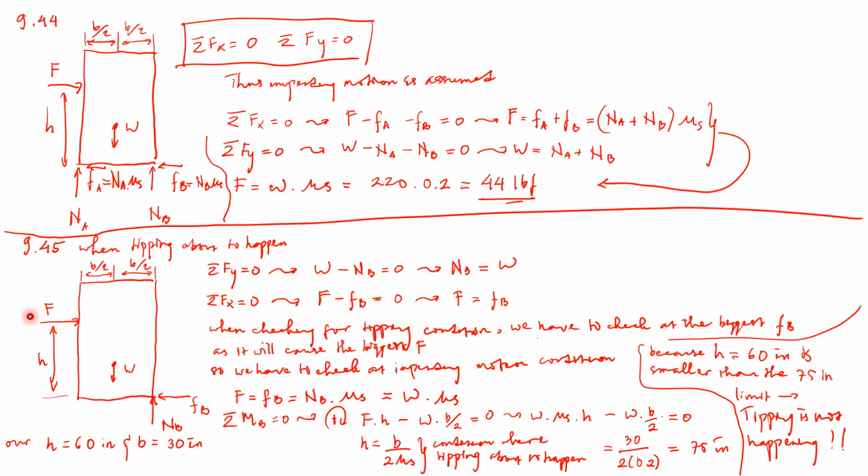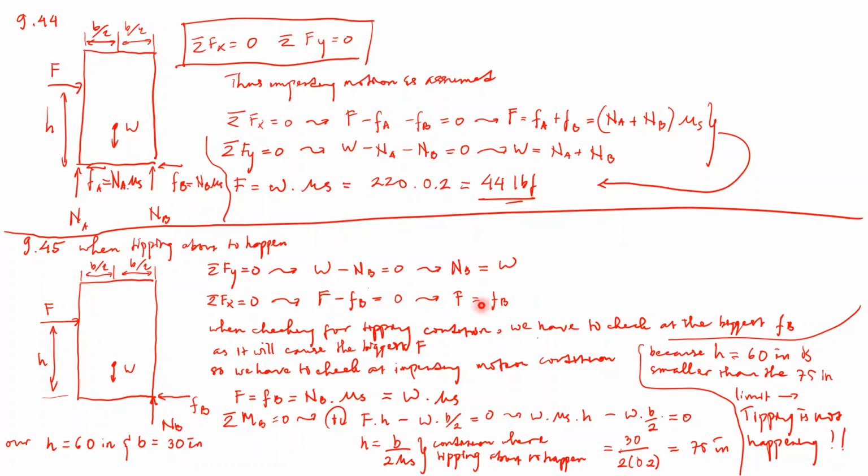Why is F bigger worse? Because when F is bigger, the clockwise moment will be bigger. When the clockwise moment is bigger, the possibility of tipping will be bigger as well. That's why we have to check the condition when F is at the biggest value. And you have to remember here, F is equal to FB.